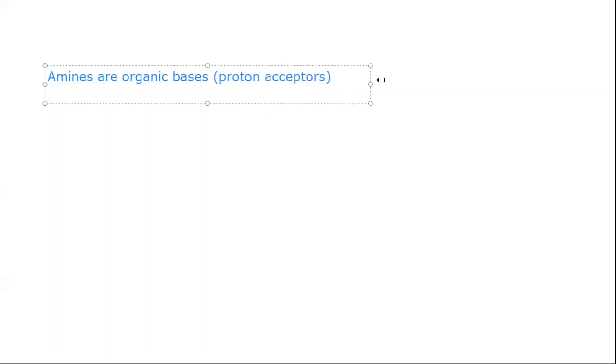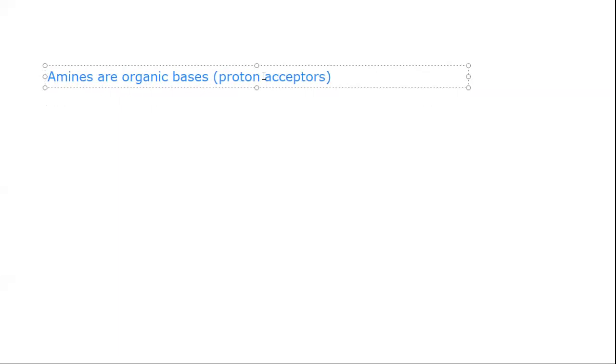Amines are organic bases. What do I mean by base? What is a base? Anyone? Bases contain OH, yes, but what is the other definition of a base?